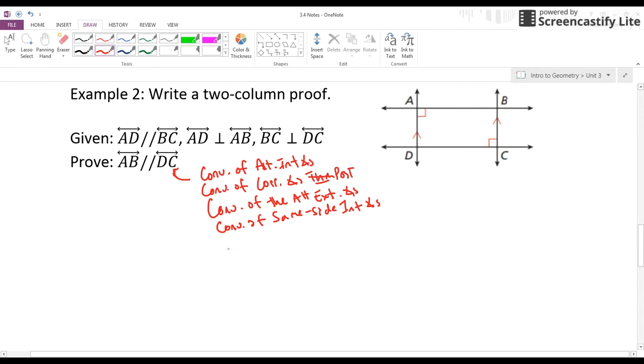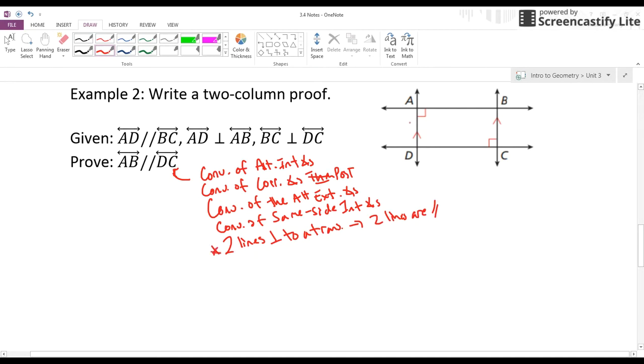This one doesn't have a super nice name we can use, but we know if we have 2 lines perpendicular to a transversal, then the 2 lines are parallel. So this is the new one right here.